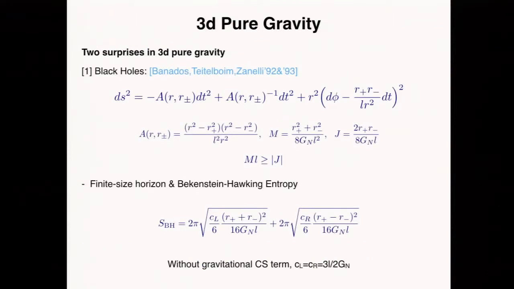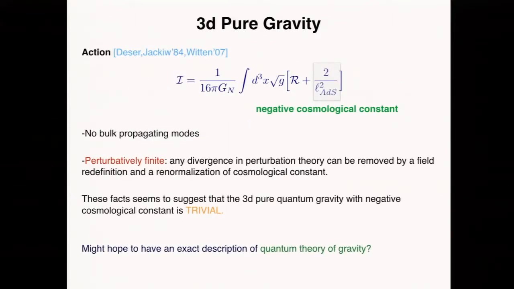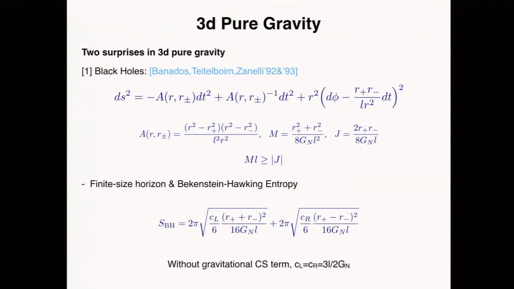So maybe quantum gravity is again almost straightforward. However, there are two surprises in this theory. First of all, there is the discovery of black holes in this theory by three gentlemen in the early 90s. These black holes are massive and have angular momentum and also a finite size horizon with non-trivial entropies. Especially, this 3D gravity can have an additional variation, which is the 3D gravitational Chern-Simons term. However, in this talk we are interested in the case where there is no such term, which means that the theory is parity even.